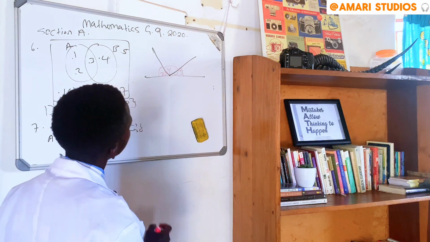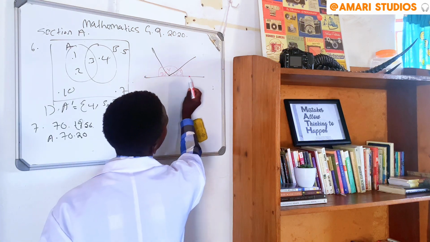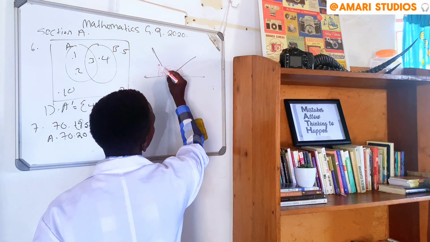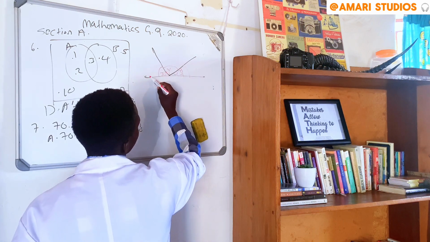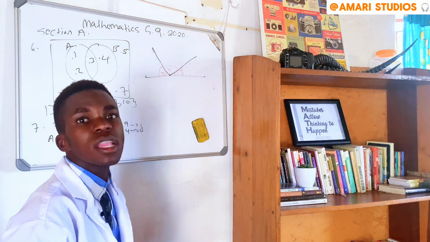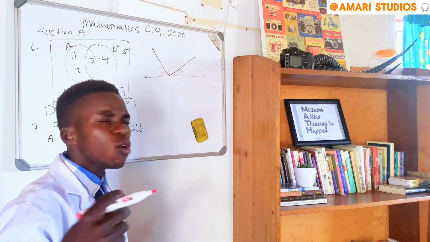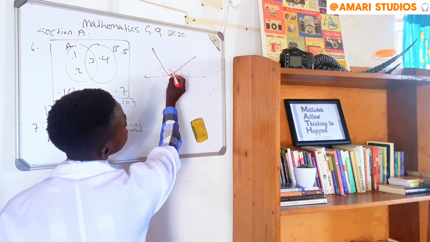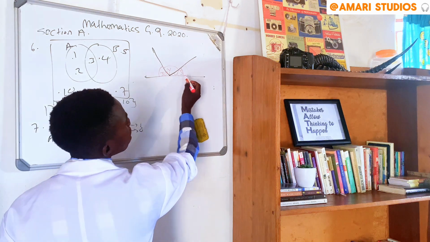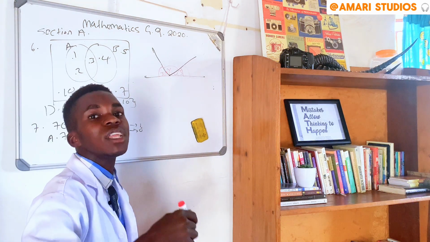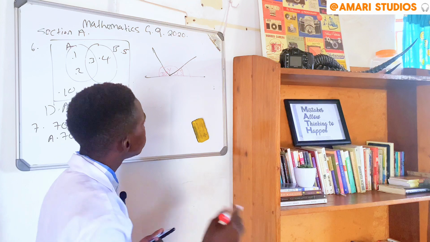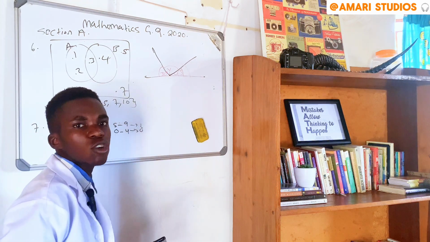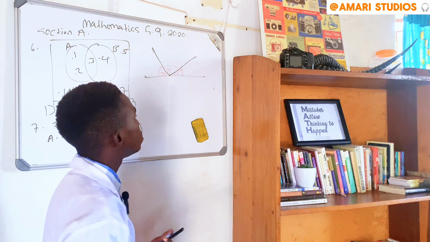As you can see, this is a straight line. The whole lot of this is a straight line, and a straight line adds up to 180 degrees. So it means that if you add this 30 here, this Y, and 43 here, they are supposed to give you 180 degrees. For us to find the value of Y, we are going to add these two numbers and then subtract them from 180 degrees.